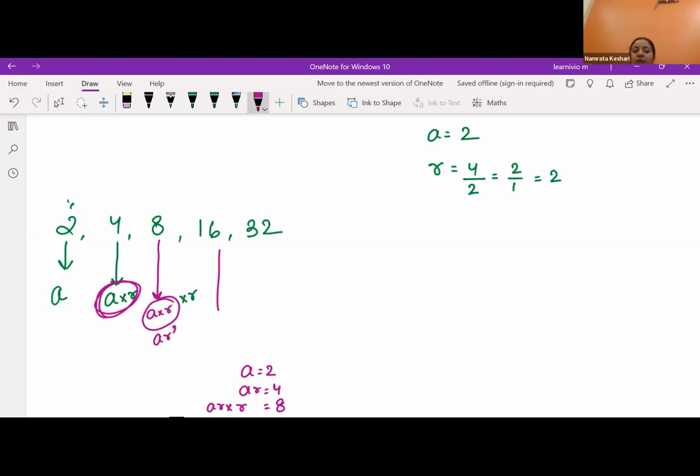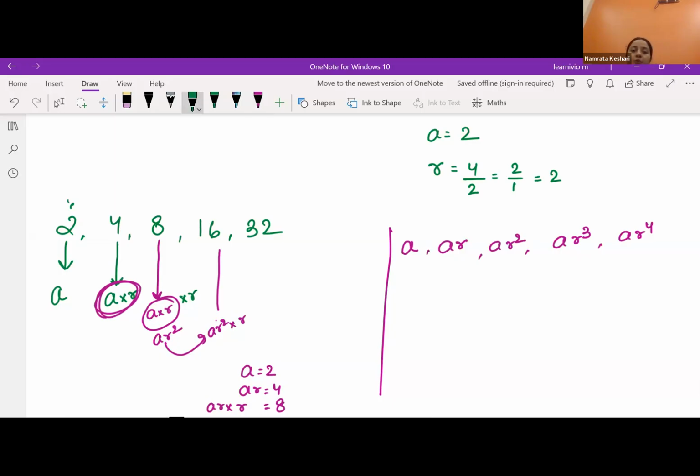You can check it. The next term will be the previous one into r. So here your sequence will progress in this way. First term is a, next is ar, next is ar square, next is ar to the power 3, next is ar to the power 4. It will progress like that.